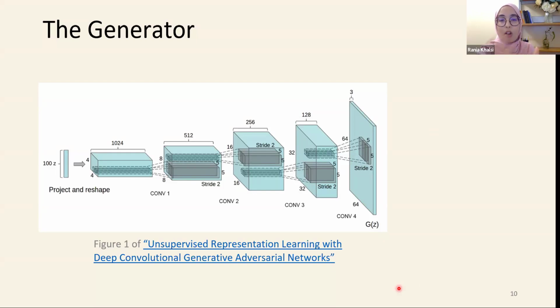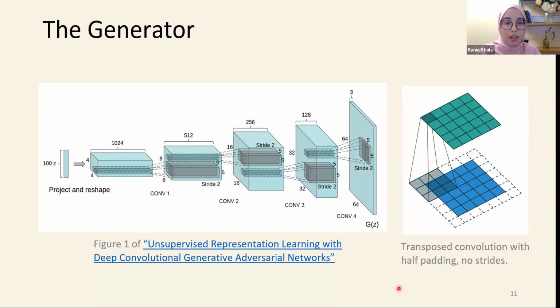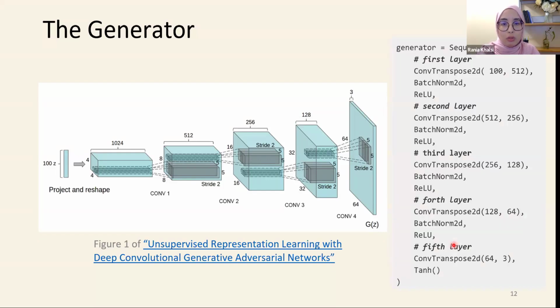It performs the opposite operation. Same here, if we want to focus on the transposed convolution operation that is used in this case, it has, for example, the half padding, no strides in this case, and it works like you can see in here. So now let's take a look at the code.